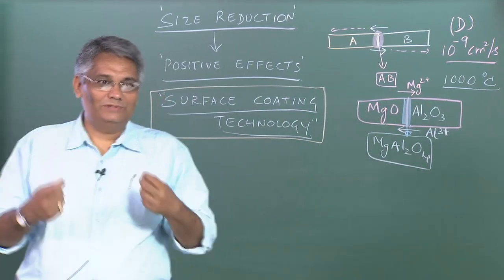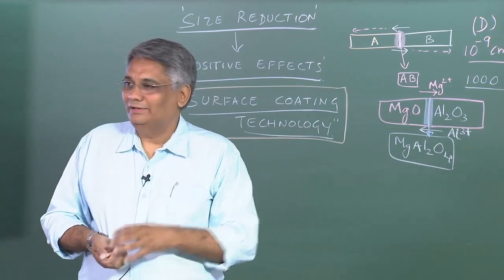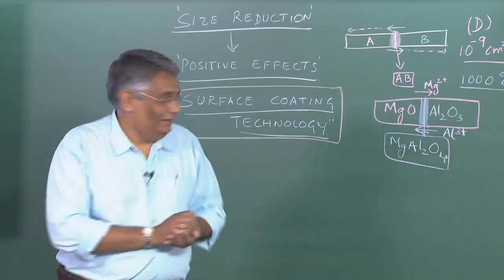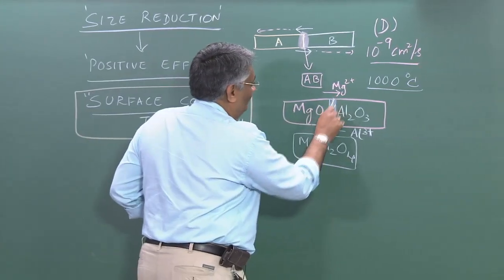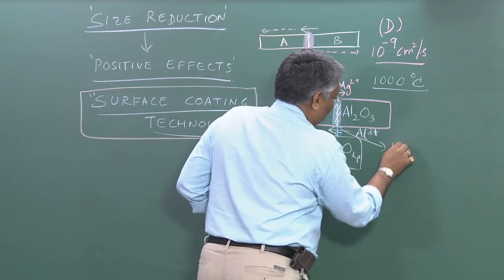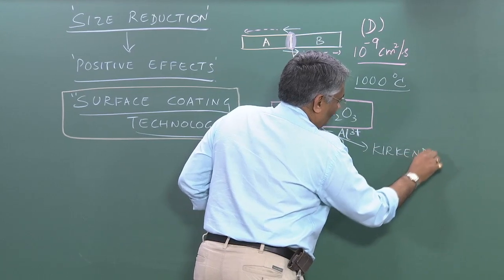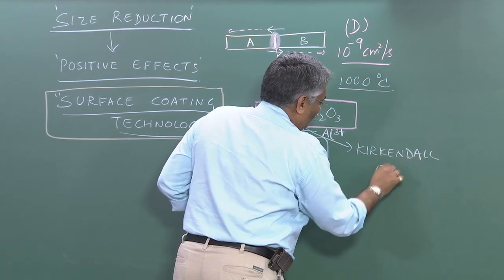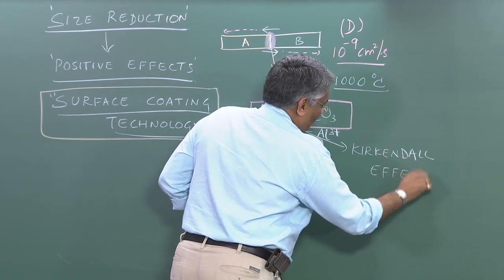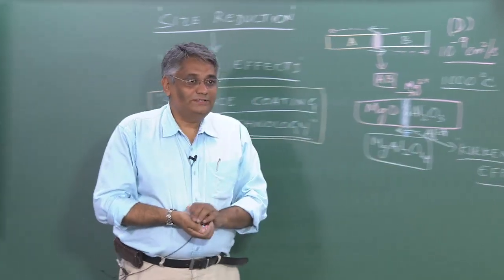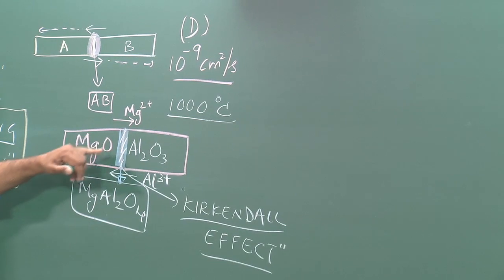This is one of the examples that is used for demonstration in any material physics lab. So the effect of change of color is the well-known Kirkendall effect. You can actually see the change in color happening at the interface.